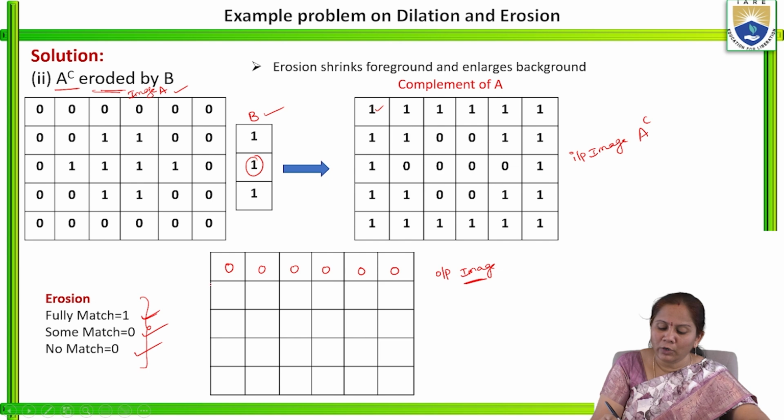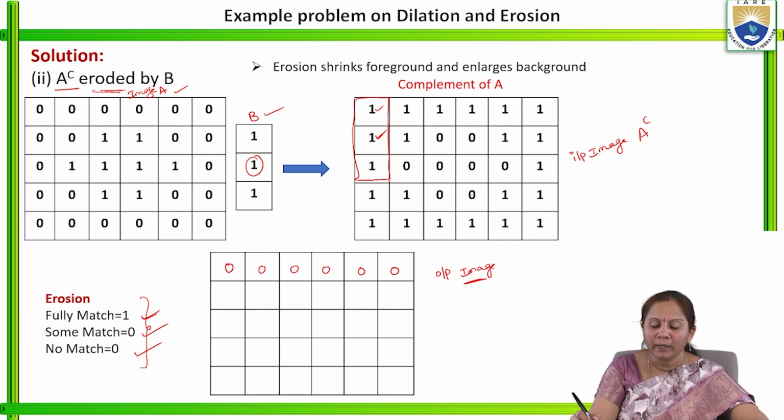Now, in order to find the second element, consider the structuring element origin at this value. If you draw the structuring element, all the elements are 1 in the structuring element. Here also all the elements are 1 in the given complemented image A complement.